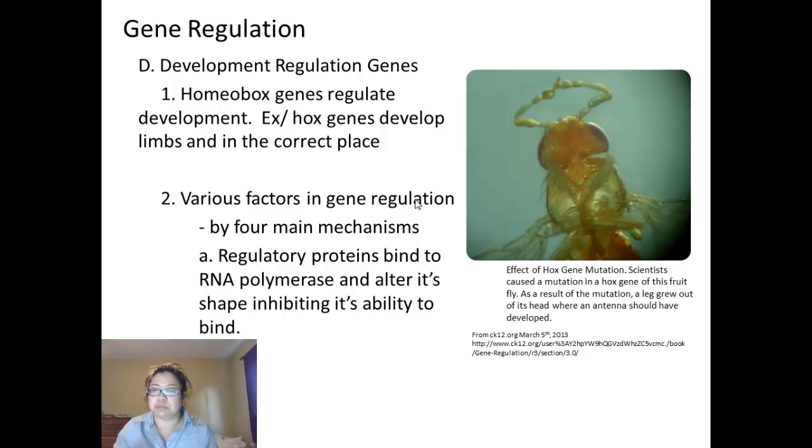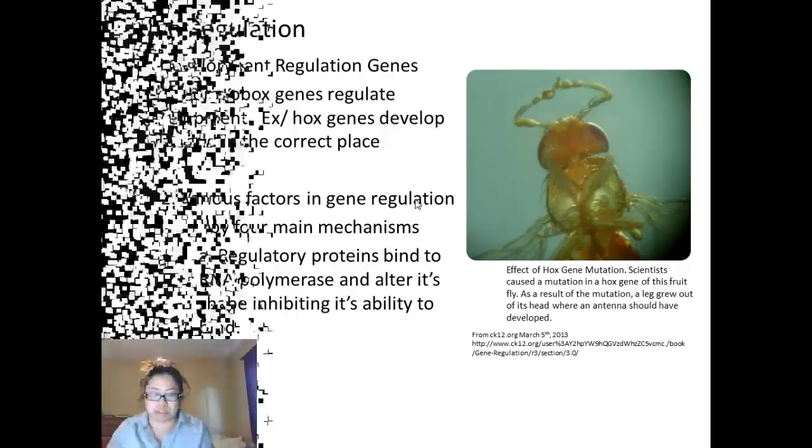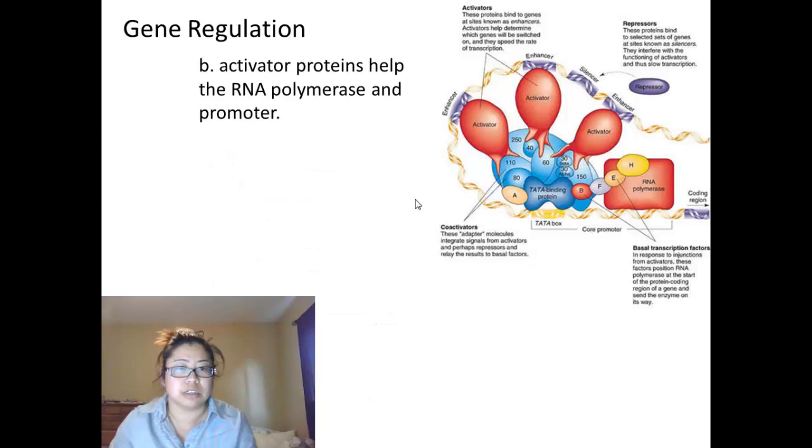It may not necessarily be a mutation, something bad, but it's regulating, okay, we can't make any more of this, so let's just go ahead and bind onto it, and then we will stop making that protein for that time being. Another type is activator proteins that help the RNA polymerase and the promoter.